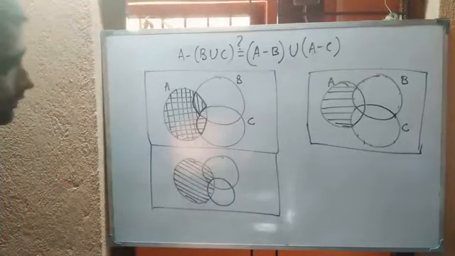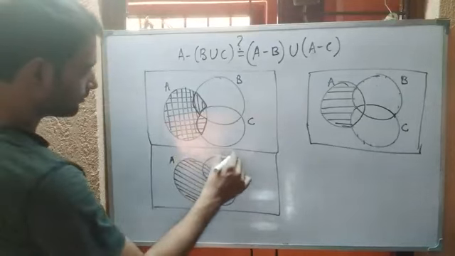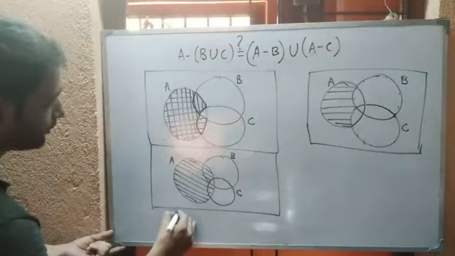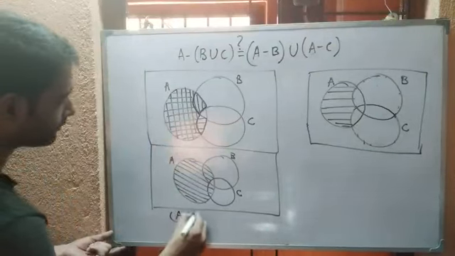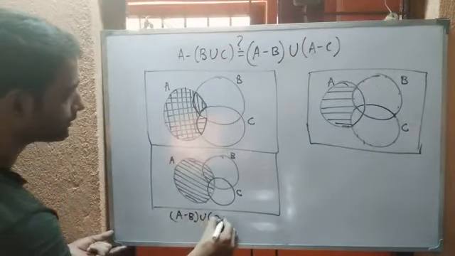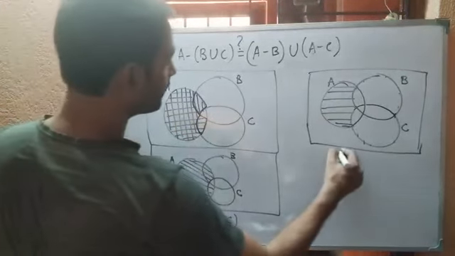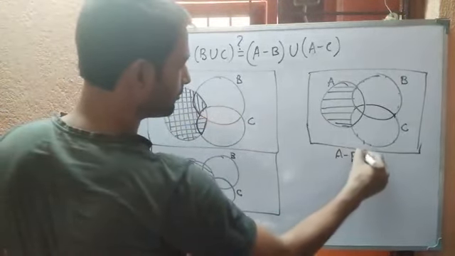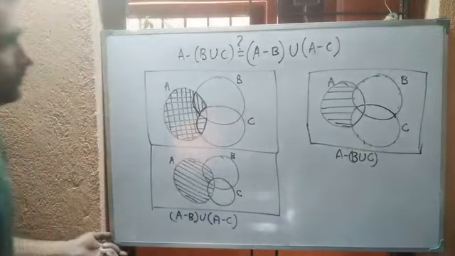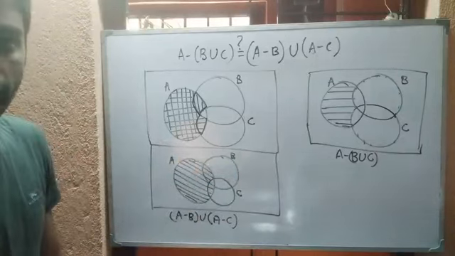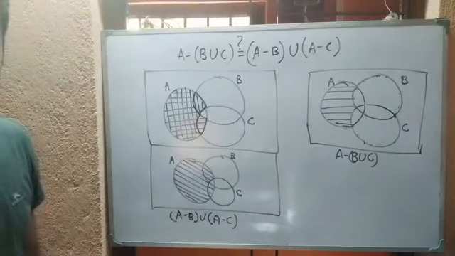After taking the union, this will be A, this will be B, this will be C. So this diagram will be of A difference B union A difference C, and this is the diagram for A difference B union C. So clearly you can verify that these two diagrams are different, so the sets are different.